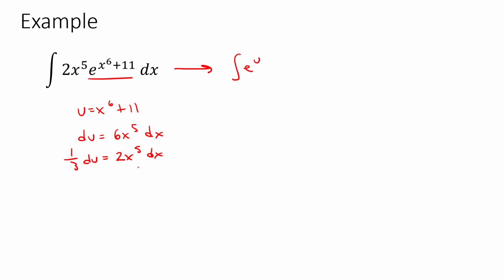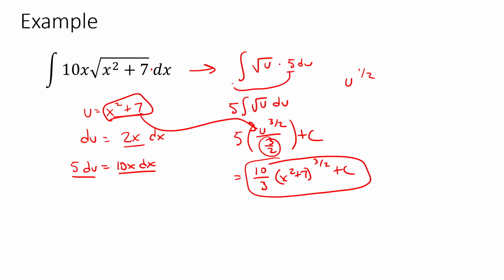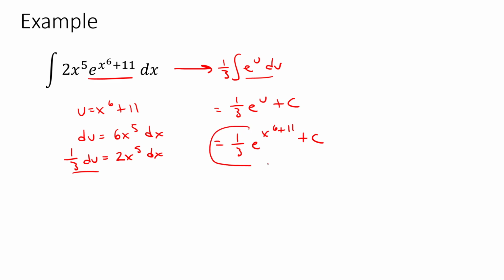Now, we could put in the 1/3 du, but you've seen in 2 examples that the 2 just came to the front, and that 5 just comes to the front. So you can take a little shortcut and just put the 1/3 in front. You don't have to do that in 2 steps. Now take the antiderivative. The antiderivative of e to the u is e to the u. That's an easy one. And then put back in what was u. It was x to the 6th plus 11. And you're done.